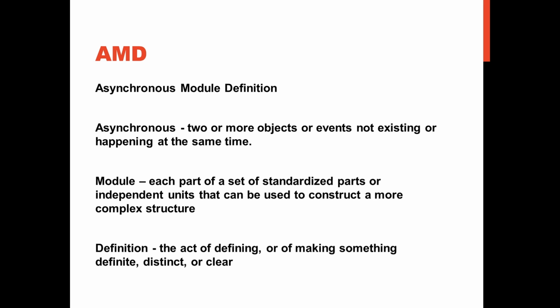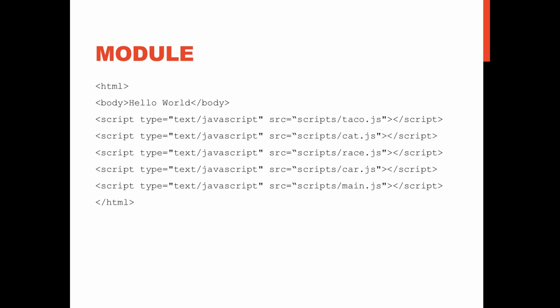Now continuing on to the second word in the acronym, module. Module is defined as each part of a set of standardized parts or independent units that can be used to construct a more complex structure. Here we can see the non-AMD modular way of loading JavaScript files.